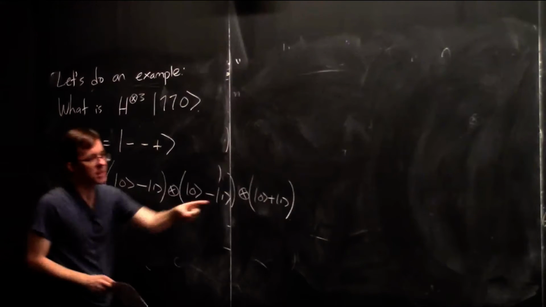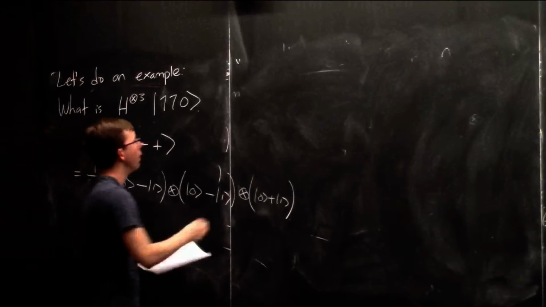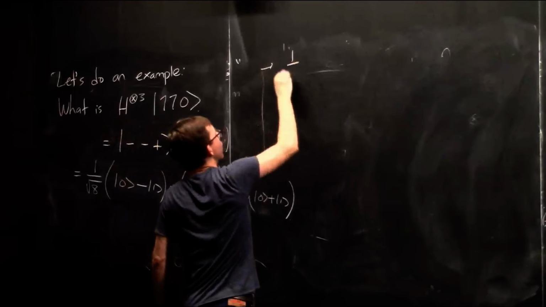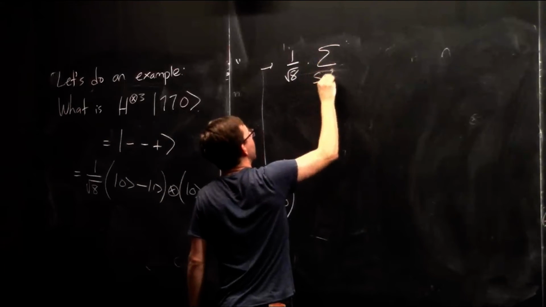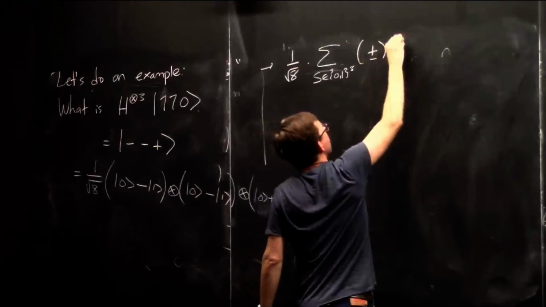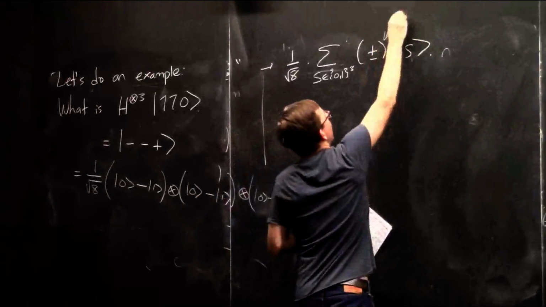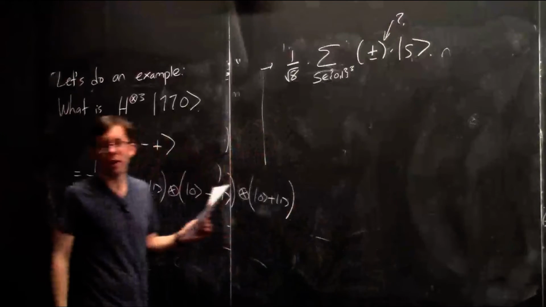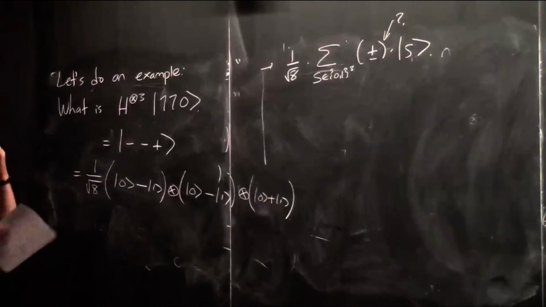I'm going to call these outputs S. So we just said this will give us 1 over root 8 times the sum over all S in 0, 1 to the 3 of something that's either plus or minus, times ket S. What I now want to work out is how you know which it is, plus or minus. Is everybody clear on what we're talking about? Okay.